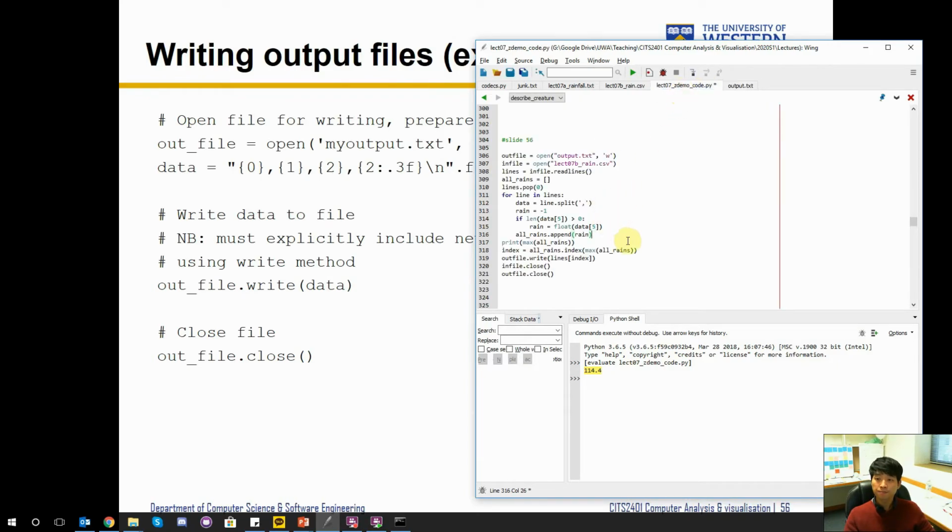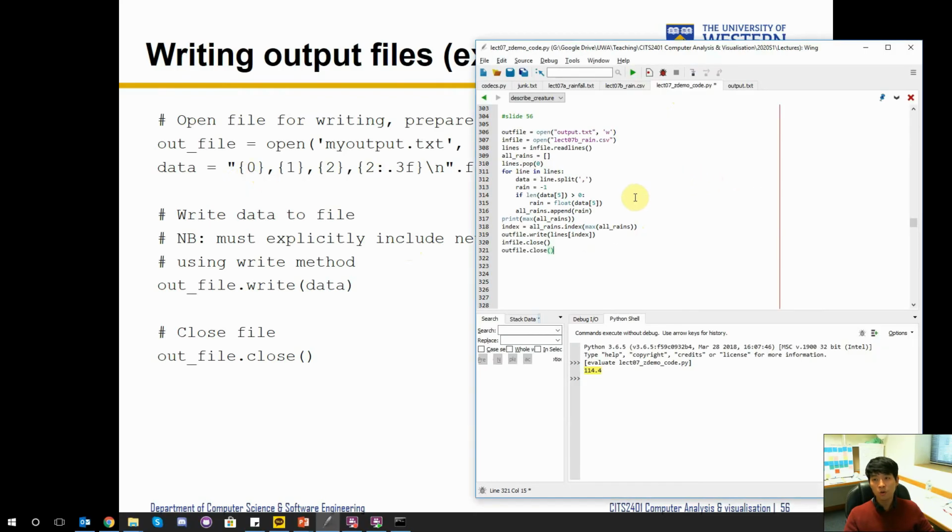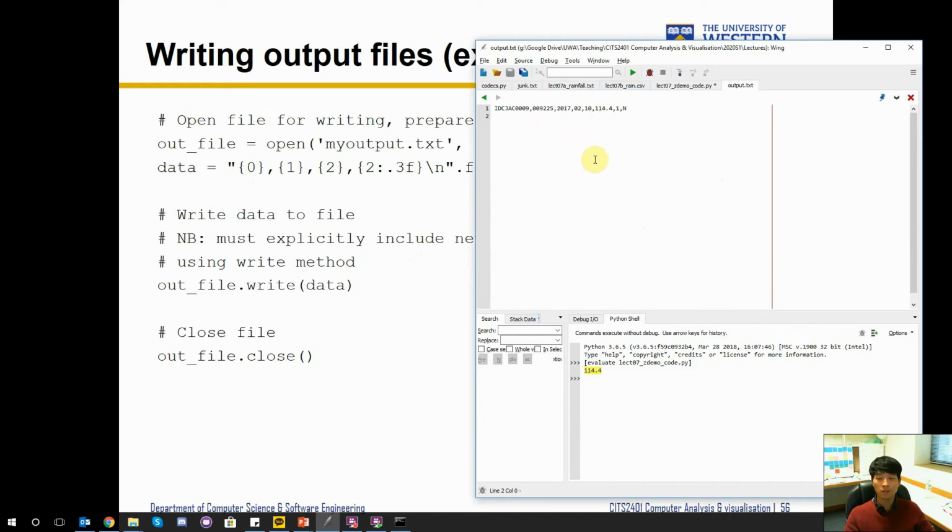So this writing is really easy, right? Hopefully it's very easy to check. Just like our example slide here, you can output the whole data, or you can process it and store the processed data into the file, where this one is capturing the maximum rainfall.